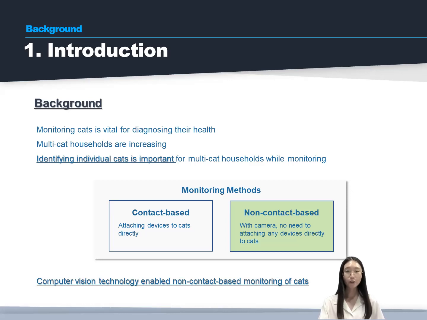In contrast, non-contact-based methods mainly use cameras, gaining significant attention too. By utilizing cameras and computer vision techniques, it becomes possible to identify individual cats without directly attaching any devices to them. We'll focus on non-contact-based method and approach by the machine vision side.